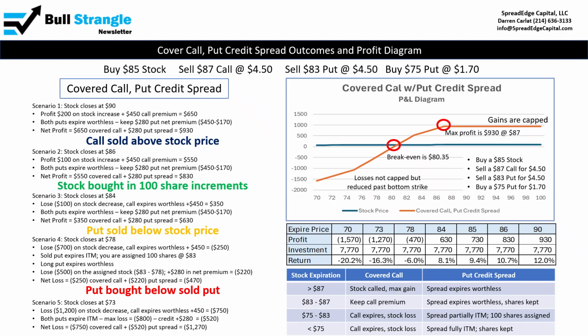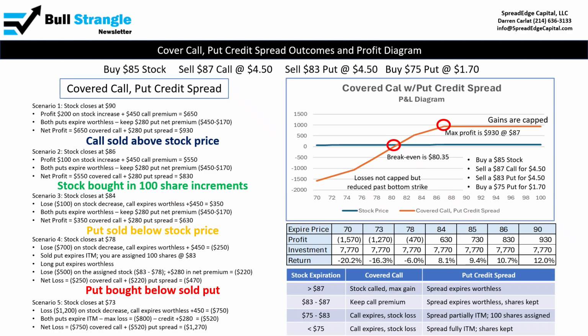The bought put begins to kick in at the strike at $75, and it's here where we start to get some level of downside protection. Now, what makes this scenario a bit unique compared to the other one is that below $75, which is the strike price of the put that we bought, that $75 put covers the $83 put. So in the previous scenario, we were assigned 100 shares of stock and then end up with 200.